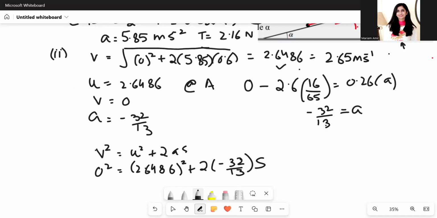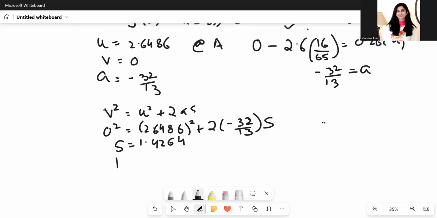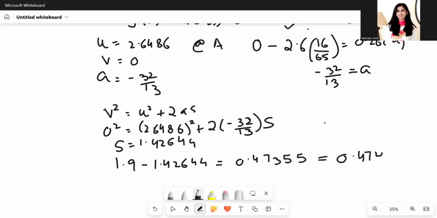Solving this, s comes out to be 1.4264, and then we do 1.9 minus this answer, which gives 0.47355, rounded to three significant figures, 0.474 meters. This should be the final answer.